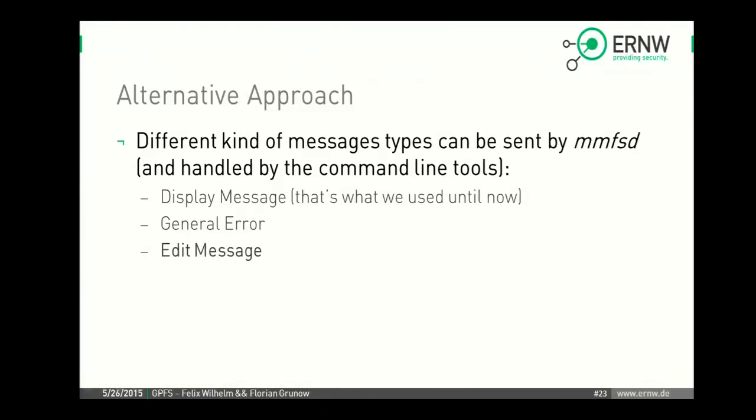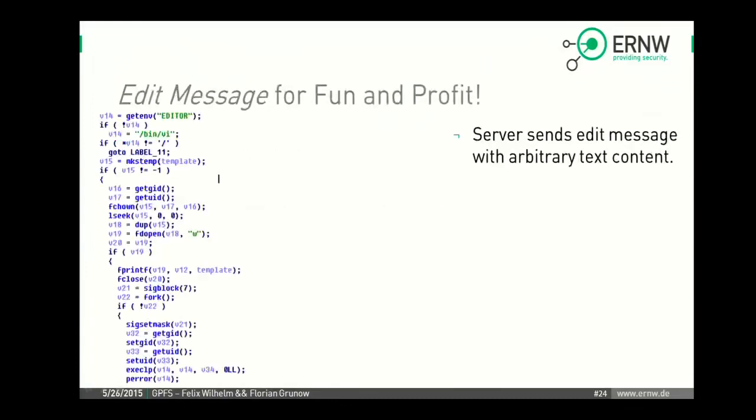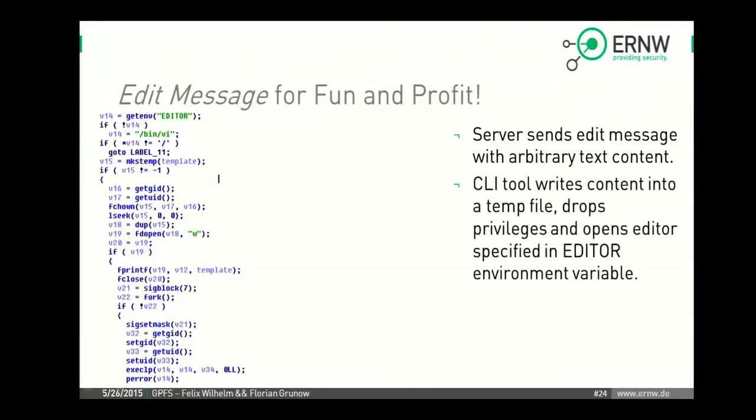Then we stumbled upon edit message, which is quite interesting because edit message basically does what it says. The server sends edit message with an arbitrary text content. The command line tool, or TS status, as we're calling it in our case, writes this content into a temporary file, drops the privileges, opens the editor specified in the editor environment variable, and lets the user edit this text.